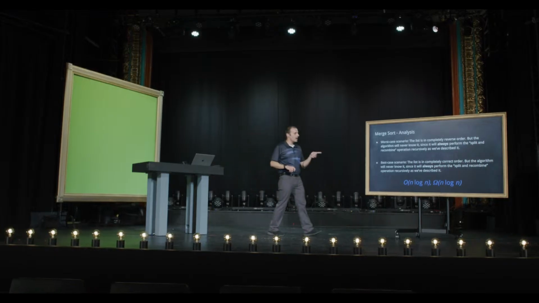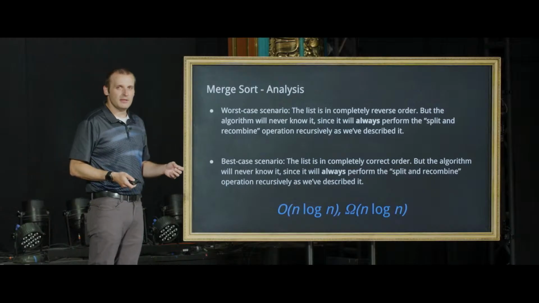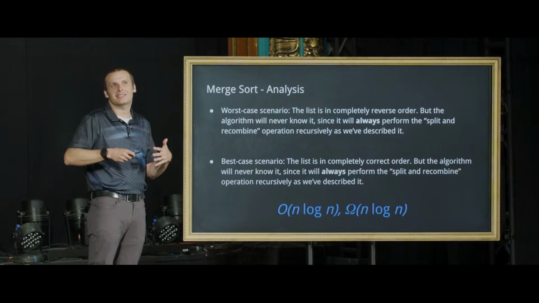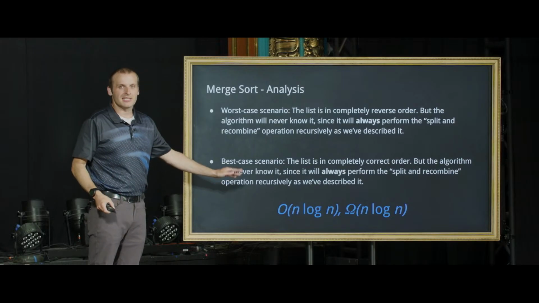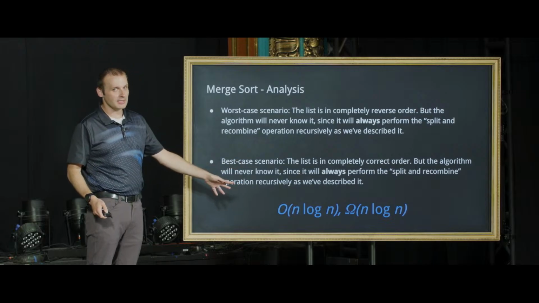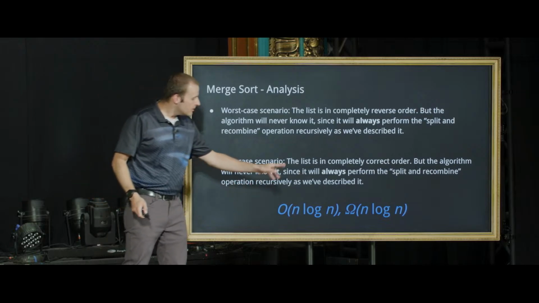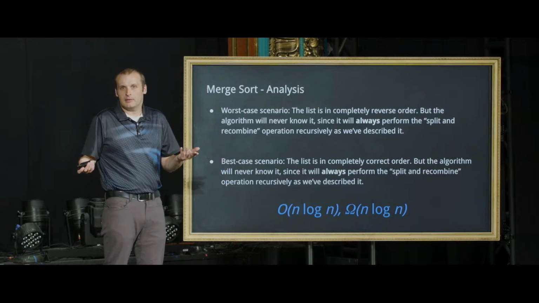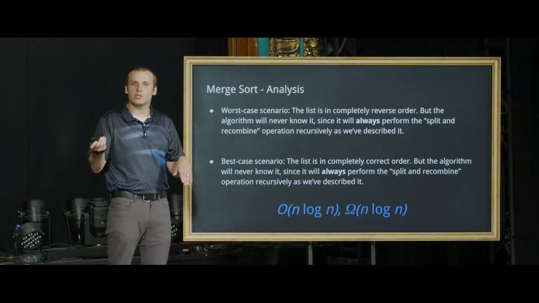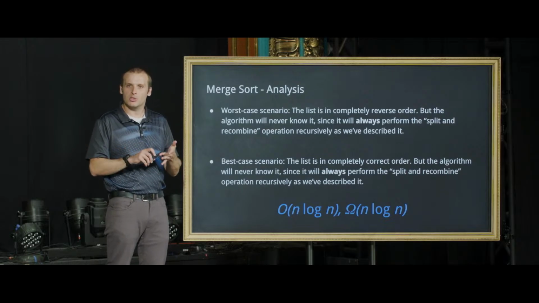It runs in n times log n, which, as we care about how things behave as n grows, for large n is significantly better than n squared time. But the lower bound on runtime is actually higher. It's n times log n as opposed to n, which was the case for bubble sort or insertion sort.